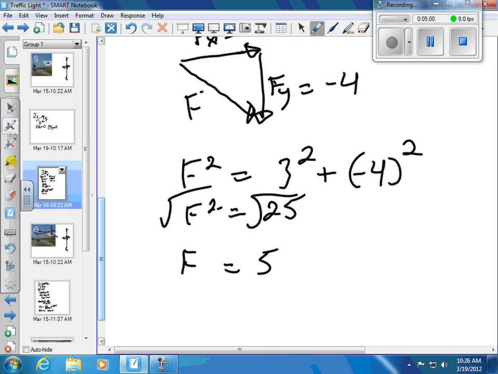We won't worry about direction right now on this question. It's no different than what you guys have done before. It's just everything equals zero.